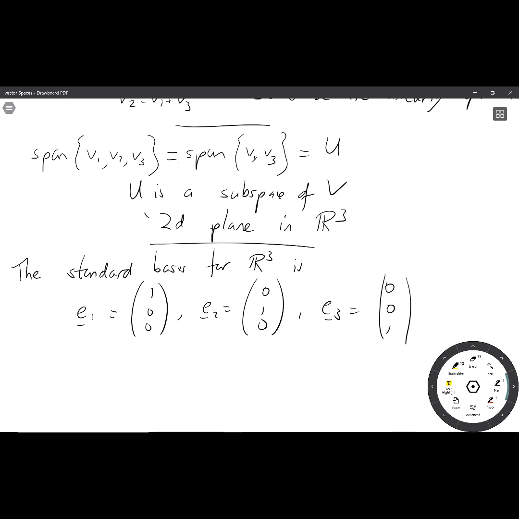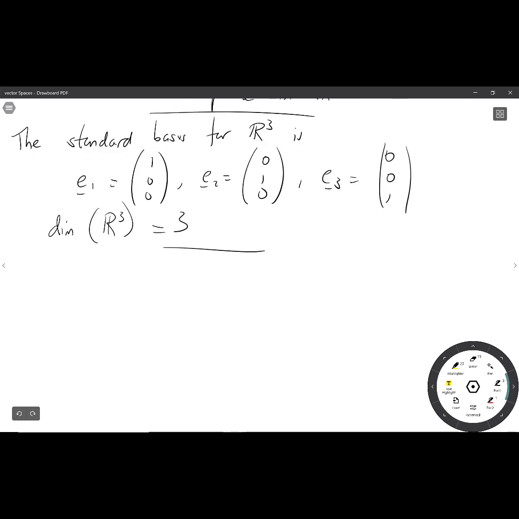So note that these three vectors are linearly independent. I can't make any one of them by a combination of the other two. And at the same time, the span of E1, E2, E3 is obviously the whole of R3. So we must have that the dimension of the vector space R3 is 3.